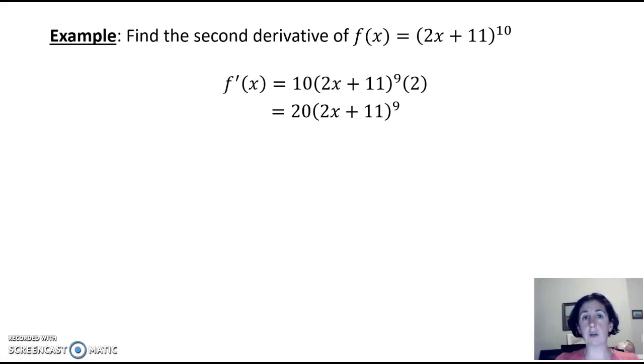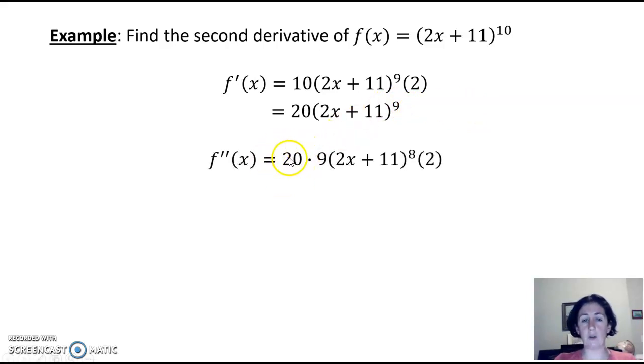So that's the first derivative, but I'm trying to find the second derivative. So when I go to find the derivative again, this 20 is now a coefficient. It's just going to multiply in at the end. And here is another application of my chain rule. I have my inside function being raised to a power. I can bring that power down, leave the inside function alone and take 1 away, then multiply it to the derivative of that inside function.